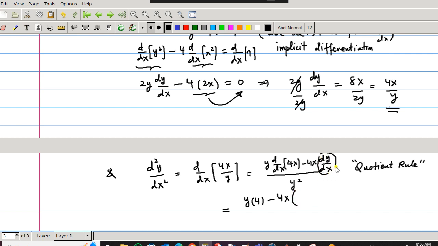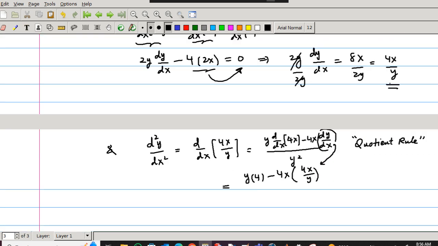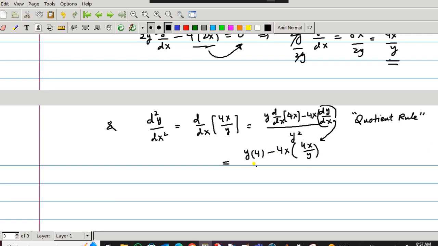Your dy by dx is given by 4x over y, so I replace the value here. That's how you can find the second derivative in implicit differentiation: 4y square minus 16x square divided by y cube. So this is my second derivative.